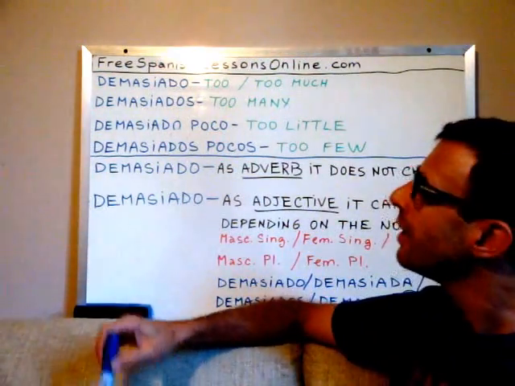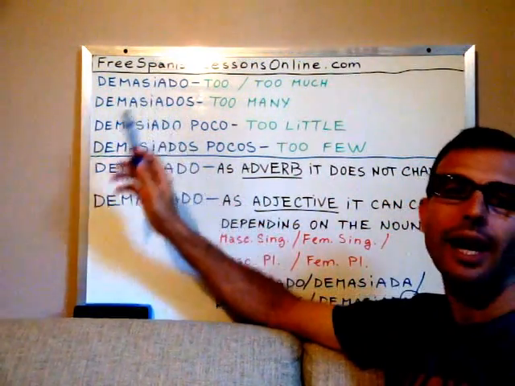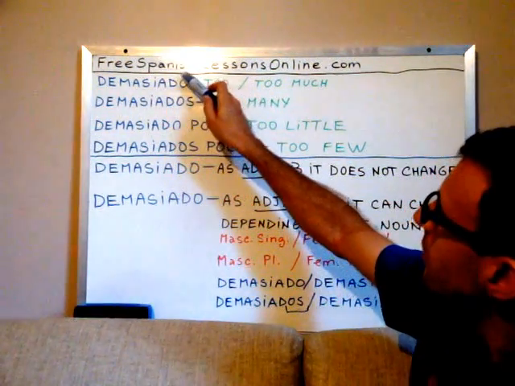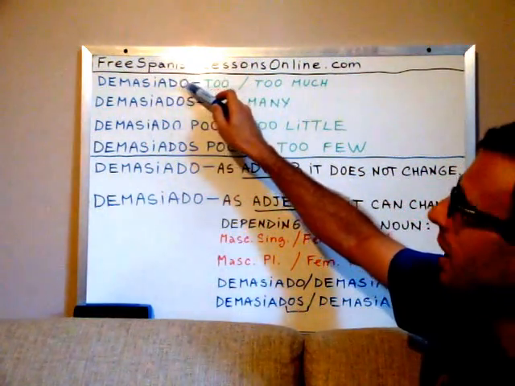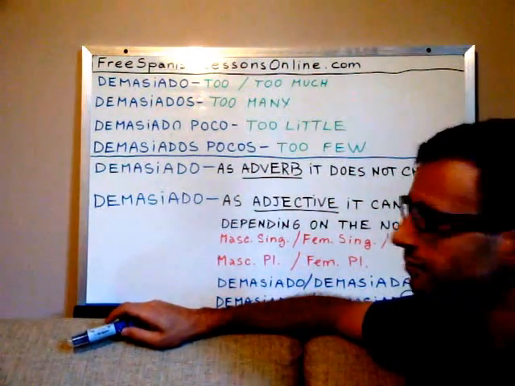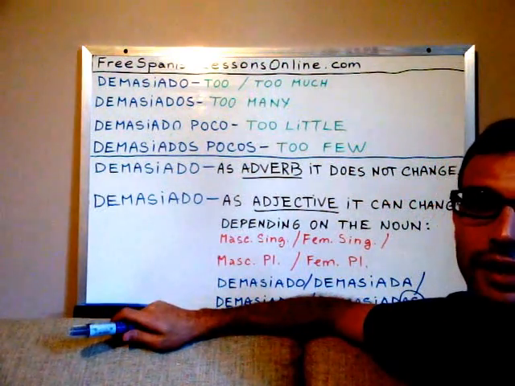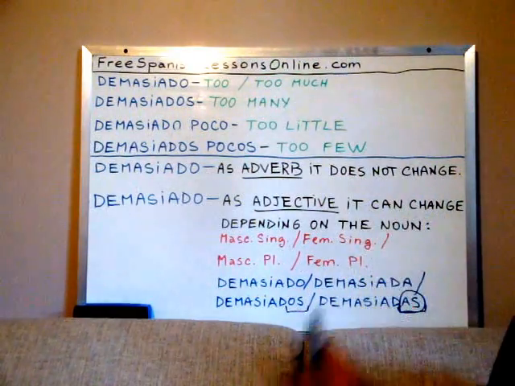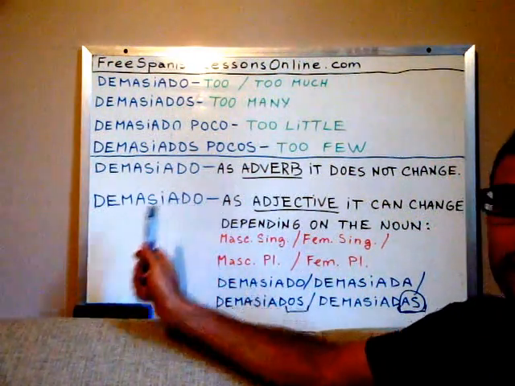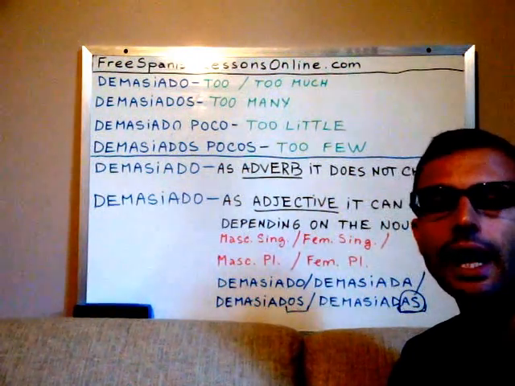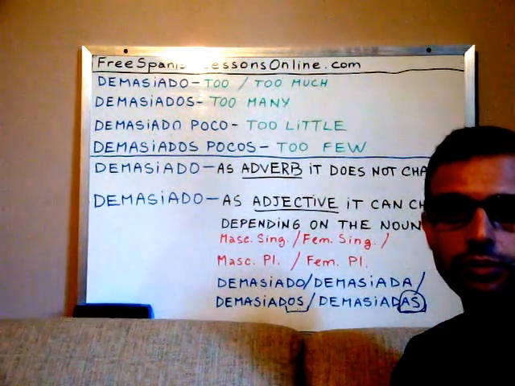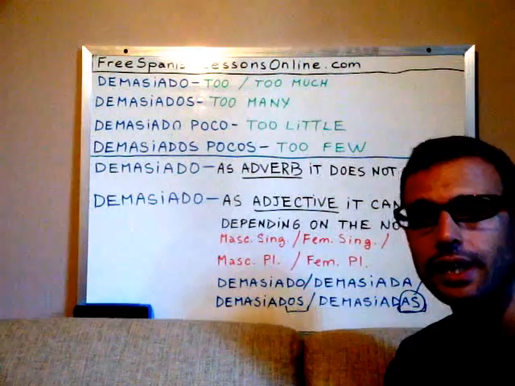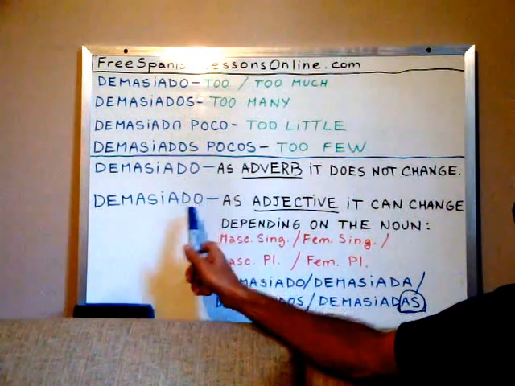Okay? So, demasiado as an adverb, it never changes the ending. It's always ending in O. And demasiado as an adjective can change its ending depending on the noun that it refers to. So if the noun is feminine, it changes from an O to an A, right?